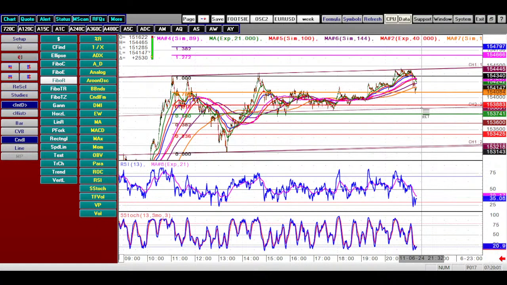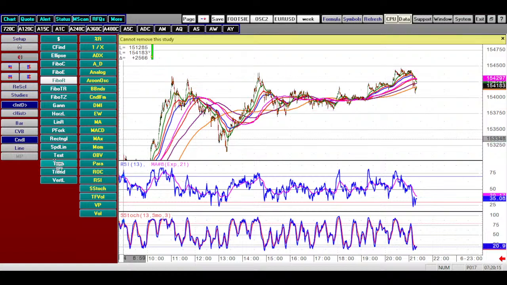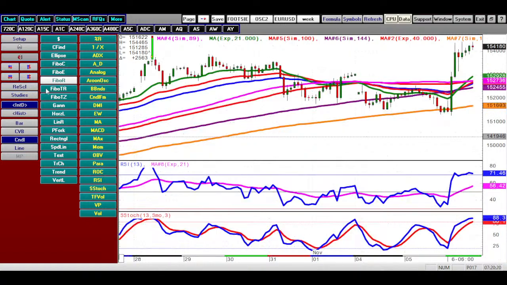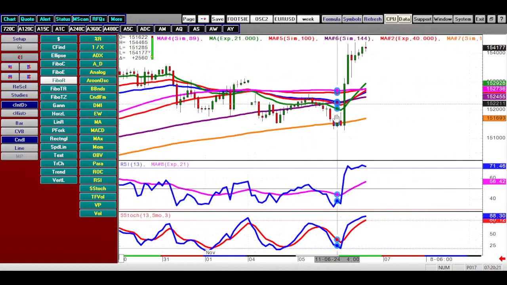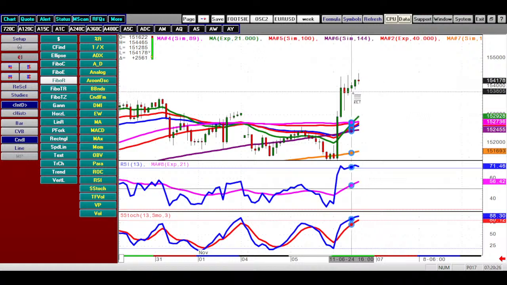So the entry we would want to buy at 153.85. Then let me see the stop loss. This one is 22 hours, 80.